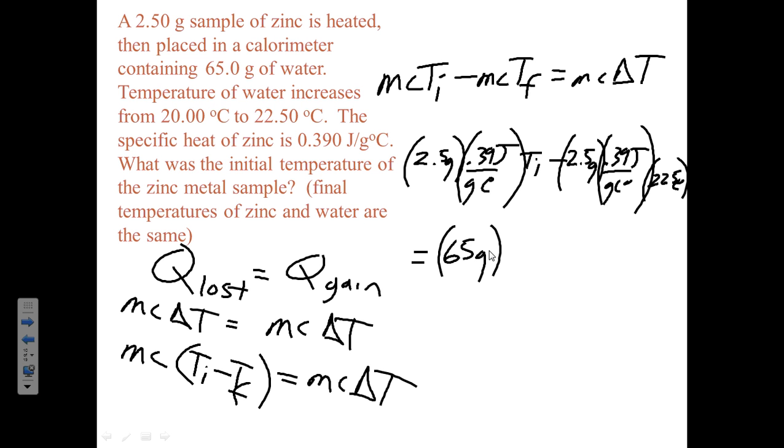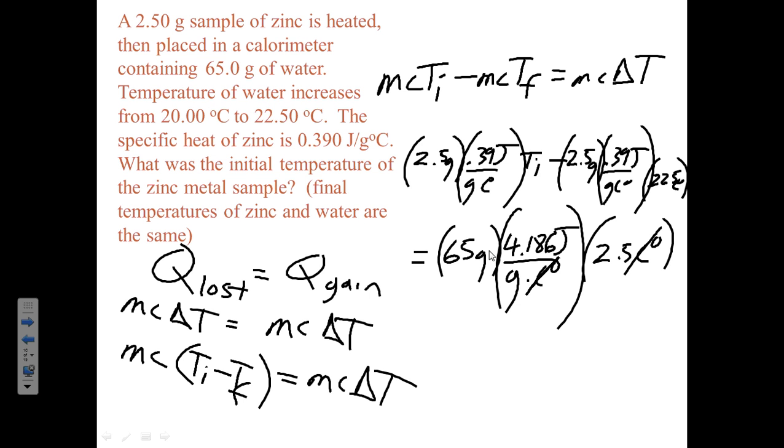Per kilogram. So we need to do what to that number to get it in grams? Divide it by 1,000, right? So instead of 4186, it'll be 4.186, and it would be joules per gram per Celsius degree. And how much is the temperature of the water changing? 2.5 degrees. We can cancel grams and Celsius degrees there.